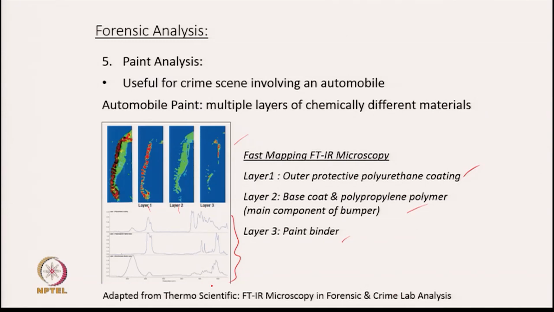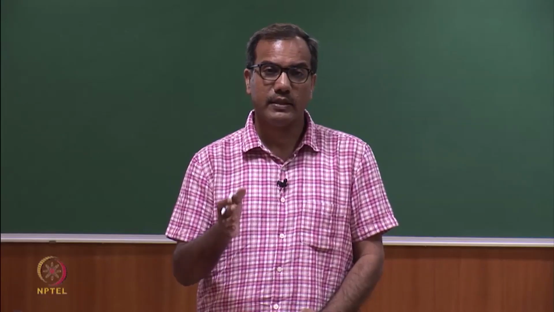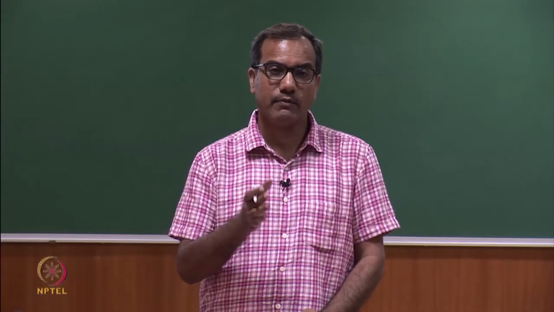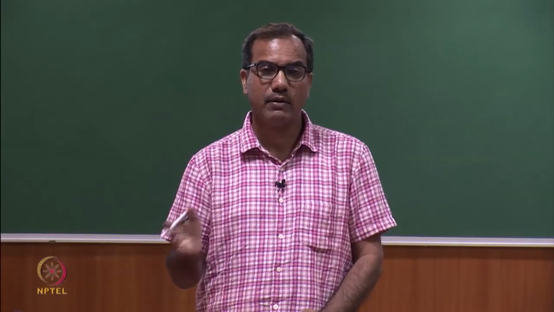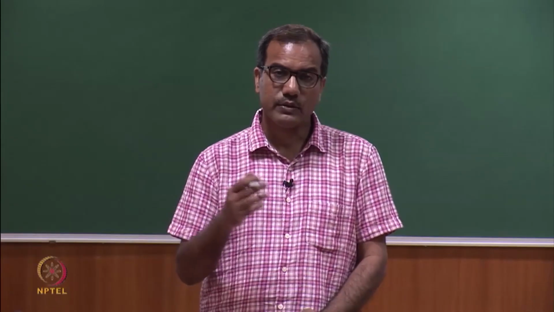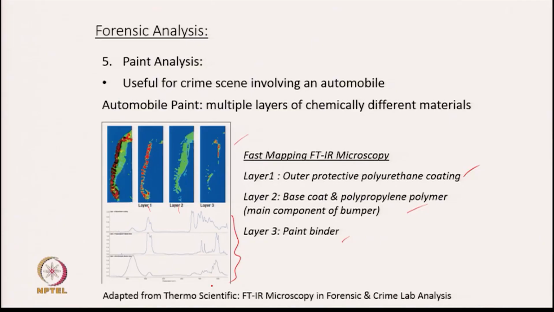Just by looking at the differences, or the similarities, you can tell whether the automobile involved in a hit and run case is of a particular brand or not. So, analysis of paints is important evidence for hit and run cases.